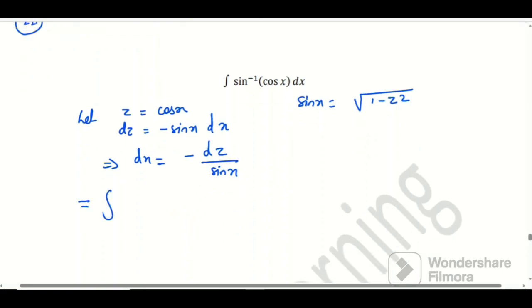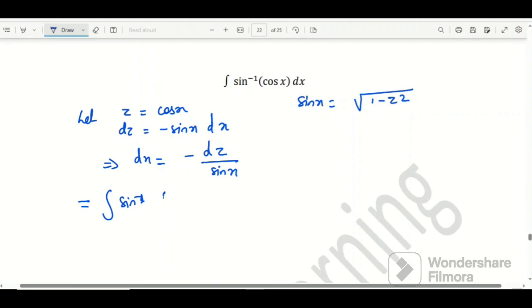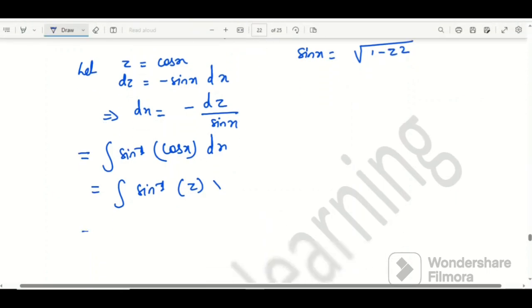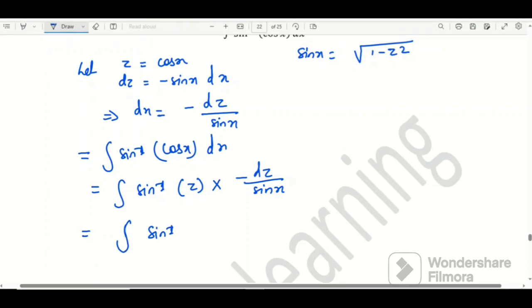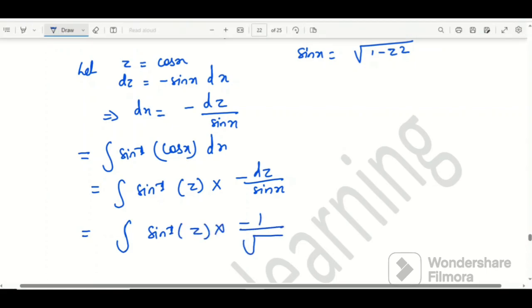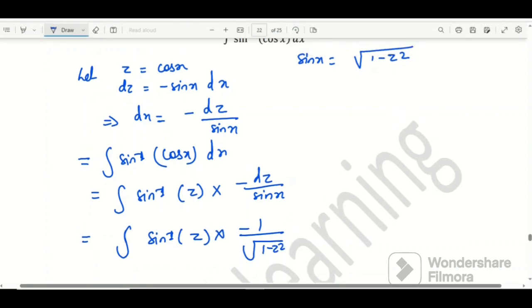Equal to integration sin inverse cos x dx will be sin inverse, cos will be z, okay, and dx will be minus dz upon sin x. And now we can replace sin x by under root 1 minus z square. So it will be minus 1 by under root 1 minus z square dz.